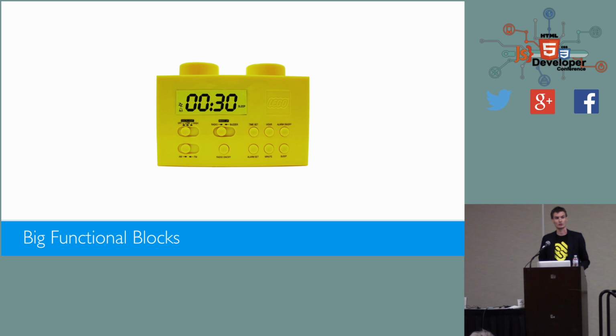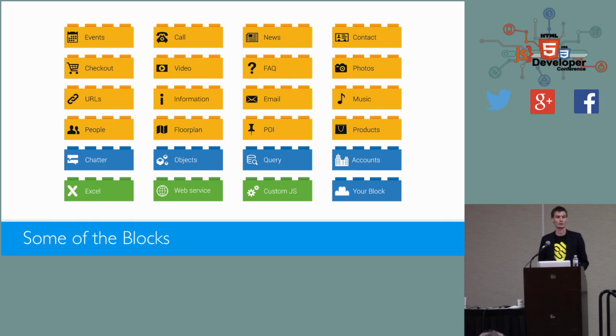AppMachine is using these large Lego-like building blocks that are all representing their own little piece of functionality. You can configure each building block with just 1 or 2 settings, and by stacking them together, you are creating a beautiful app. We have over 35 building blocks already in place. Those 35 building blocks let you cover mostly 80%, sometimes 90 or 100% of a native app for small and medium businesses.